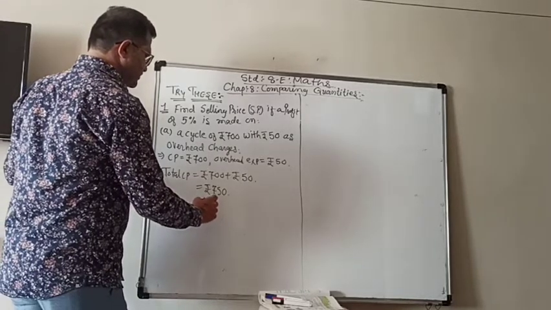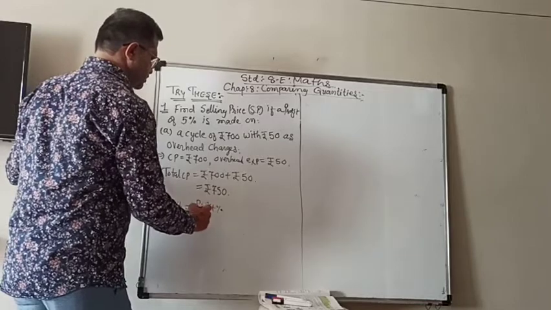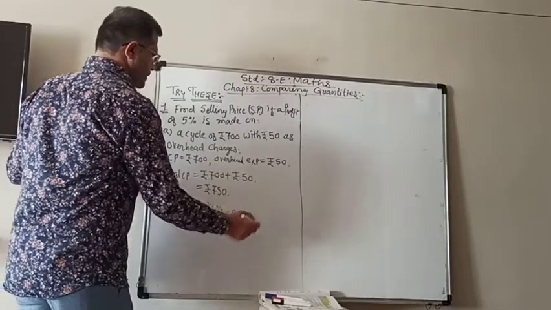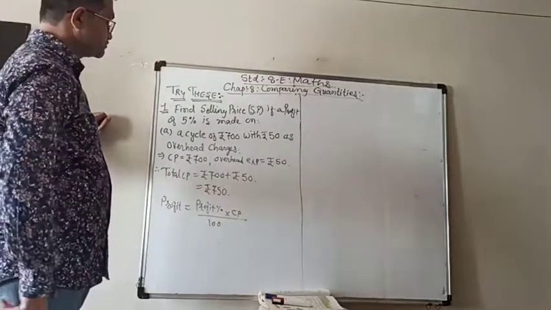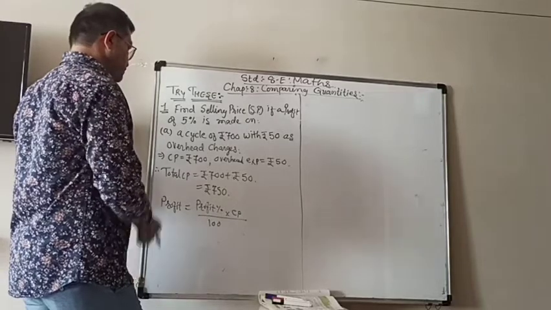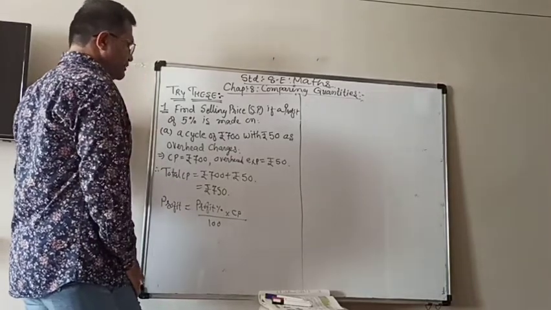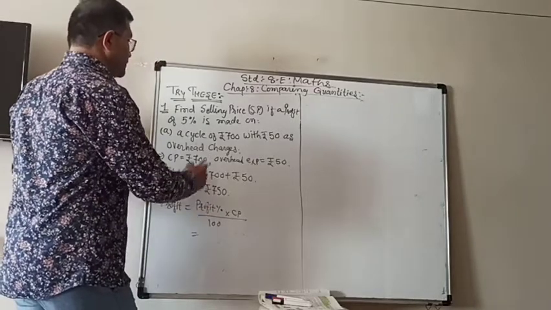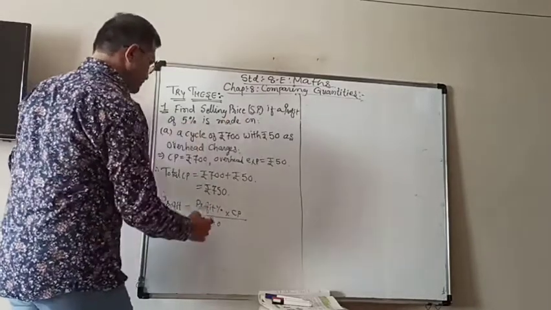Profit is equal to profit percent upon 100 multiplied by CP, because profit percentage is given. So profit percent is how much? 5%.